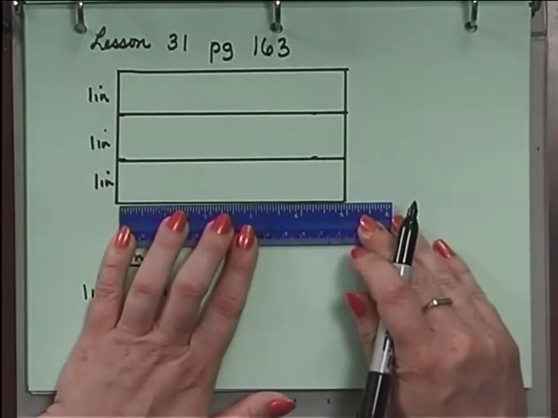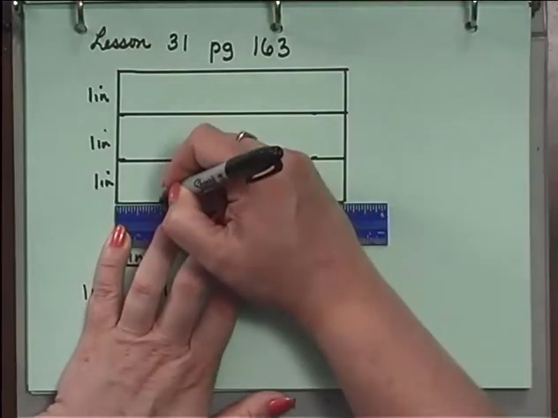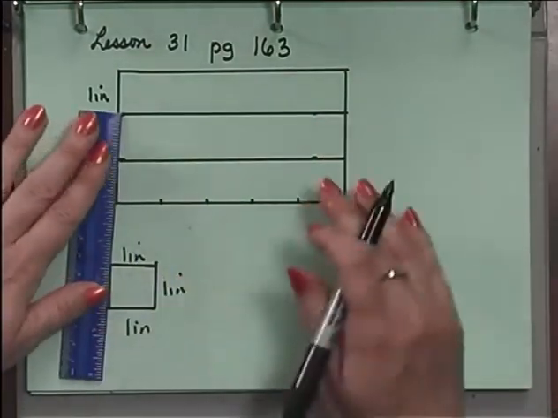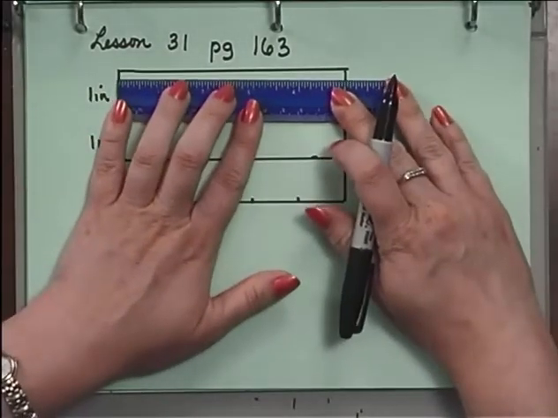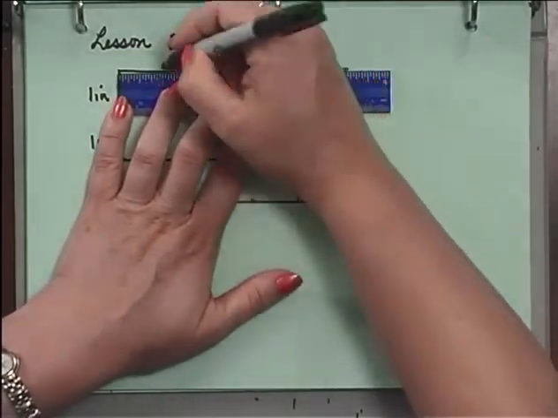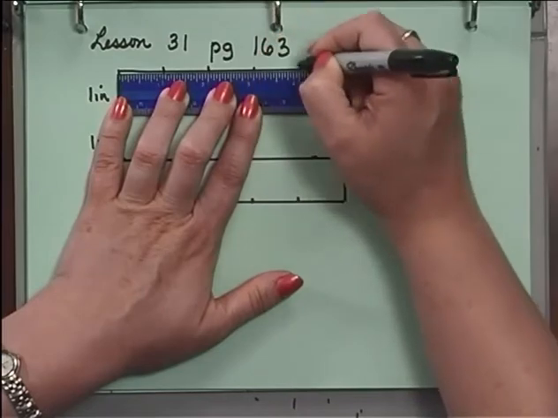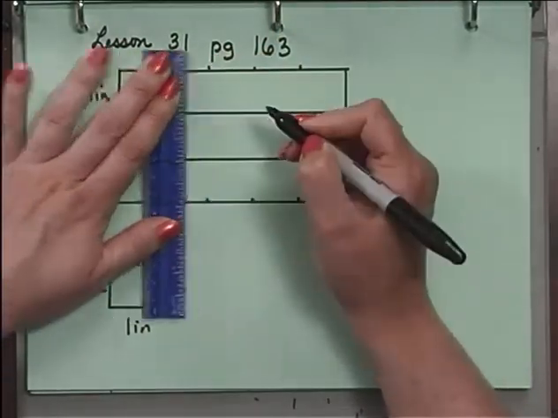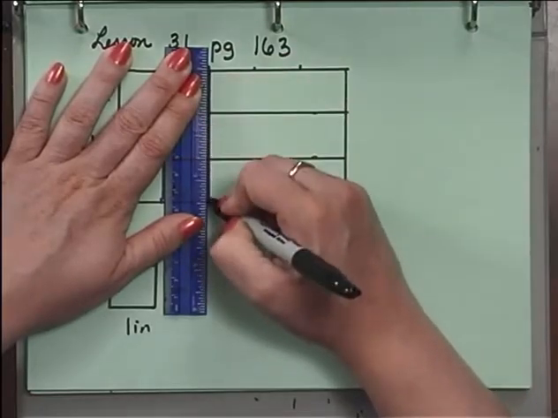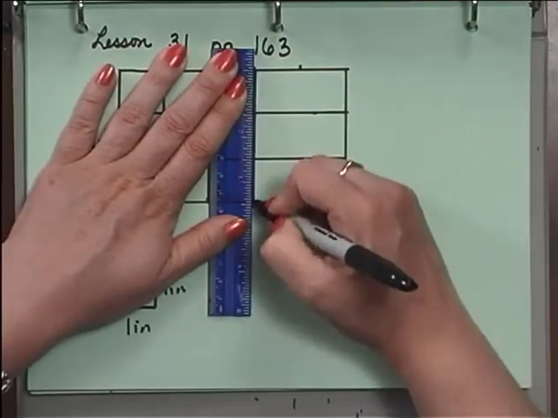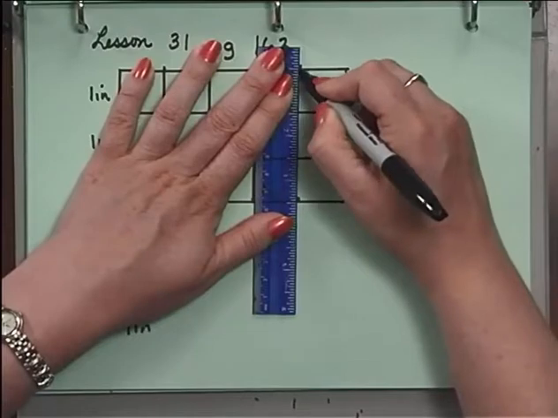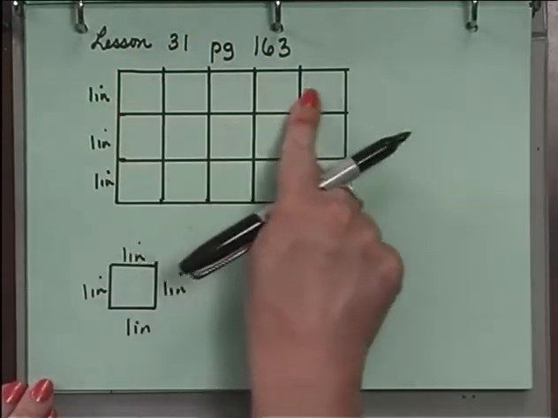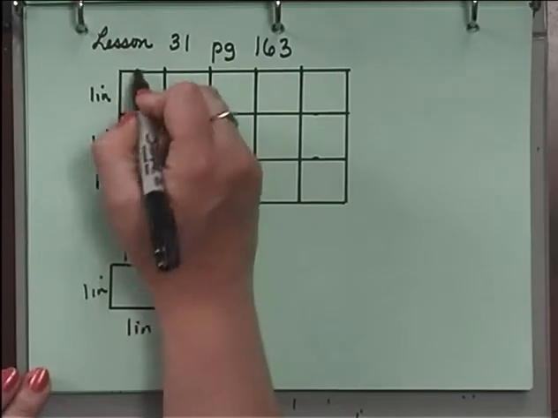And then I divide this part of the rectangle into 1 inch increments, and I would have 5 of those. So let's go ahead too and mark the top of this, like so. Then what I will have done is I would have drawn the number of 1 inch squares that cover this rectangle.